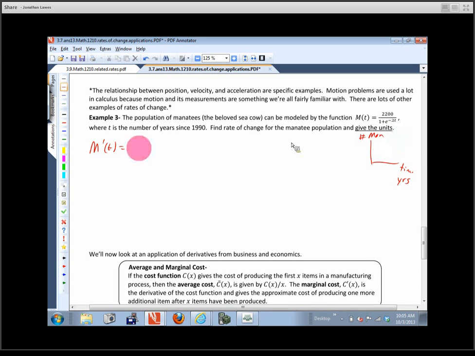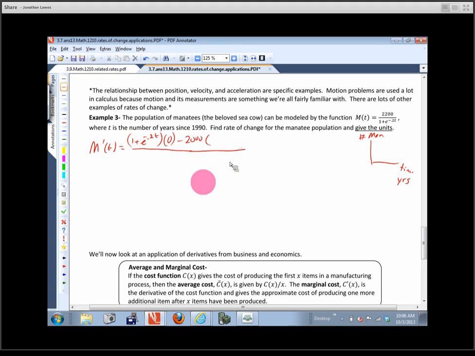Quotient. Okay, so let's do the quotient rule. So that's going to be the bottom, so 1 plus e to the negative 0.2t. It's a comma, not a prime. I should be a little more careful with that. Okay, so bottom times the derivative of the top minus the top times the derivative of the bottom.